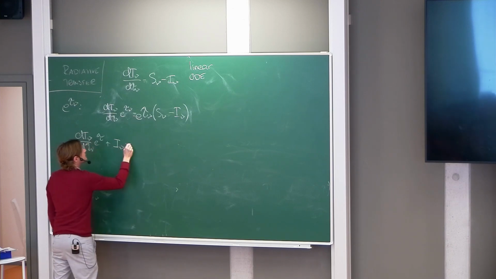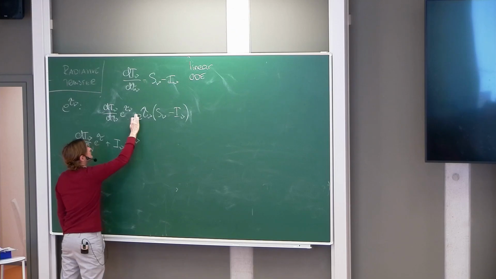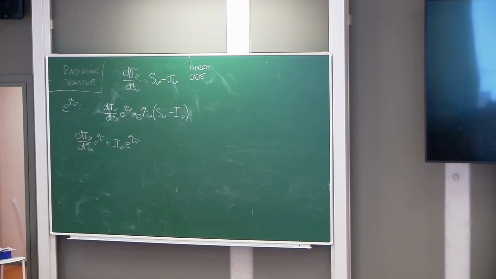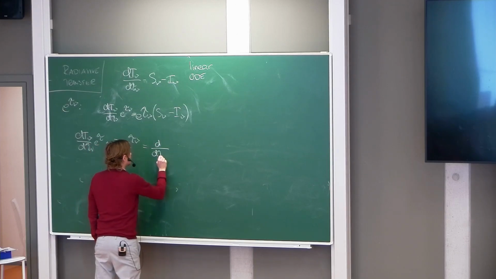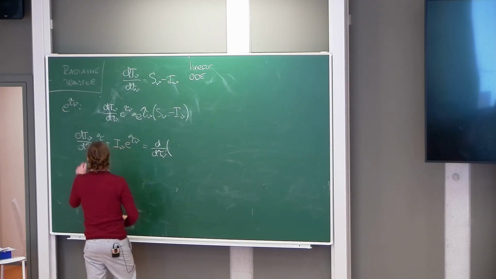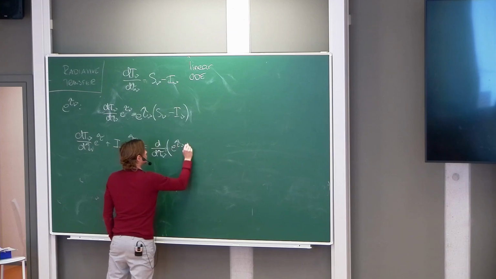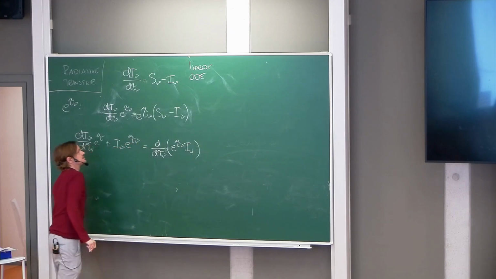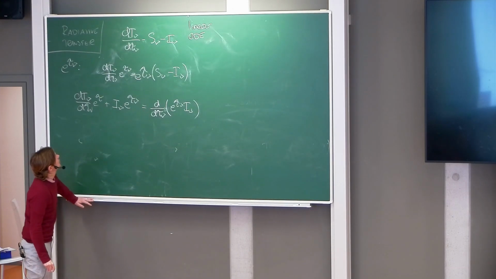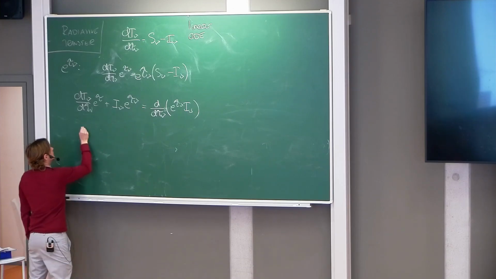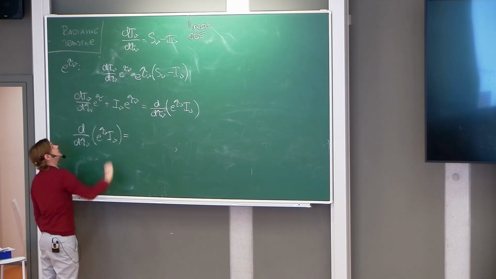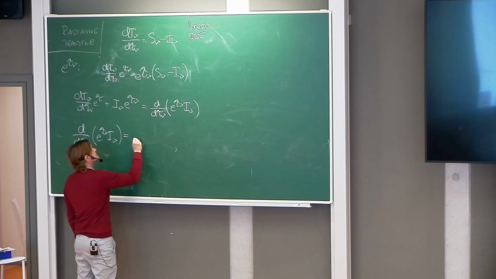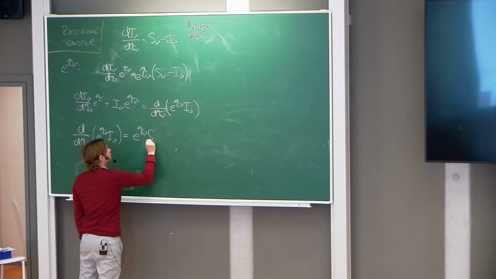It must be an e. Yes, I missed that. Somebody should have said something. e to the tau nu. And we can see that this is indeed the derivative of e to the tau nu I nu, just the chain rule. So then we have the form d/d tau nu of e to the tau nu I nu equals, I should have something on the other side as well, e to the tau nu S nu.